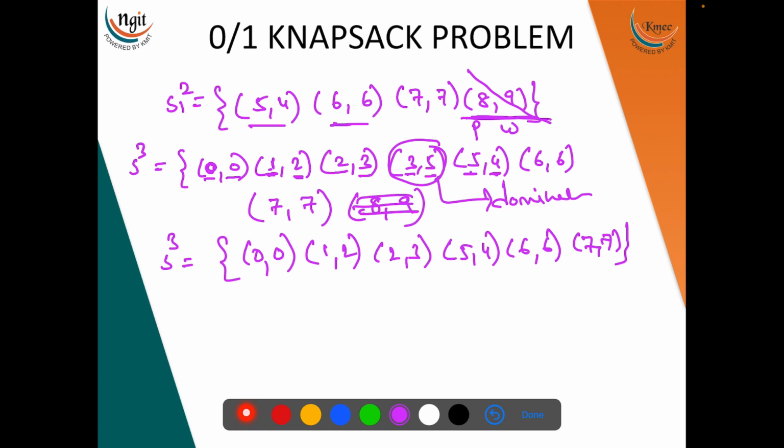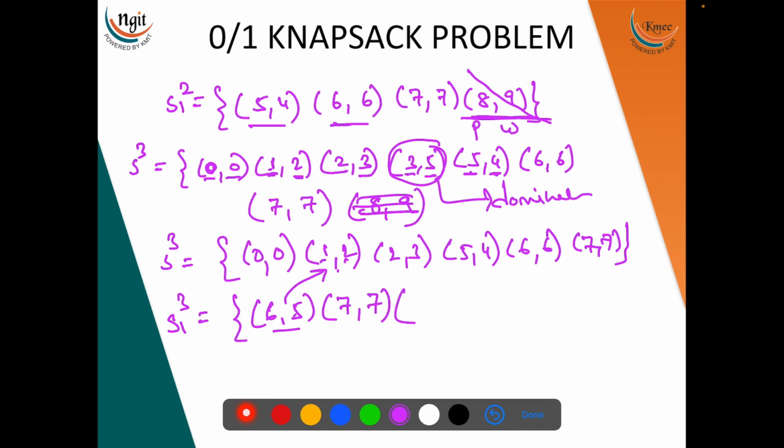7 comma 7. Now what we have to do is add the other item. Now what other item? The last item I am going to add as 6 comma 5. Now again, the fourth item and the first item: 6 plus 1 is 7, 5 plus 2 is 7.